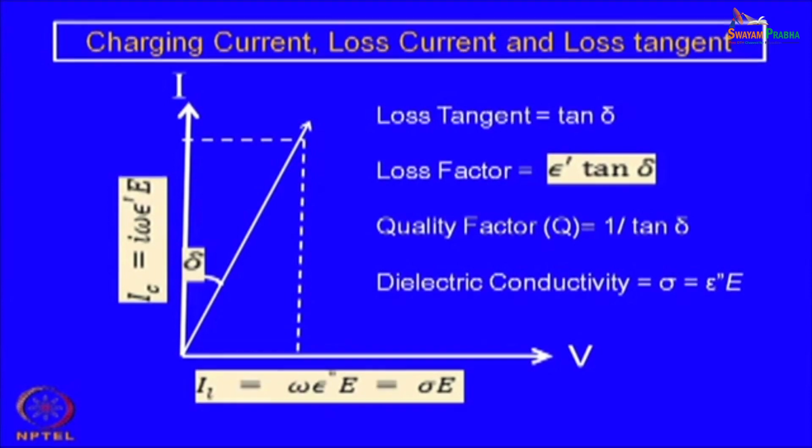This is a characteristic of the dielectric material with which a capacitor is made. So, it is an intrinsic property of the material. It is not the intrinsic property of a capacitor, because a capacitor contains some geometric factors.